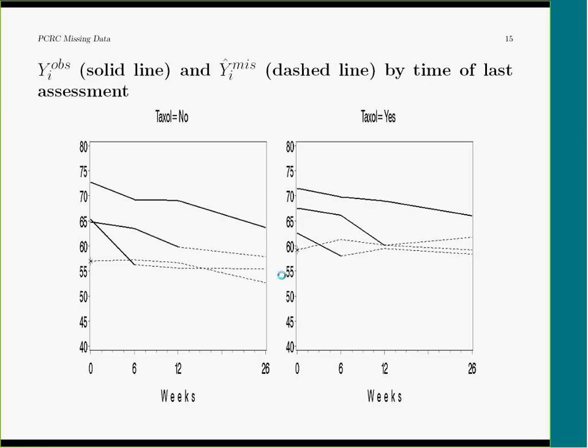So, let me go to this figure. These are the same plots that we had before. The solid lines are what we've observed, and these dashed lines are what would be predicted and actually used in the estimation procedure, like an EM algorithm, for the missing assessments.